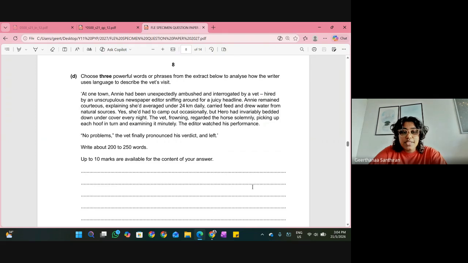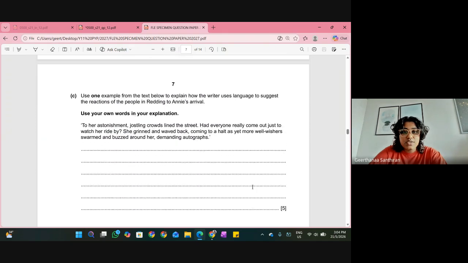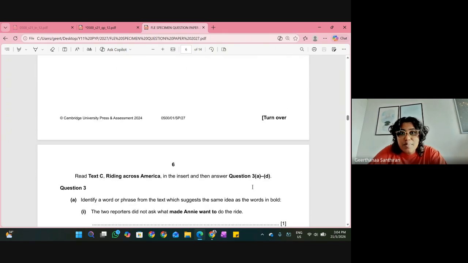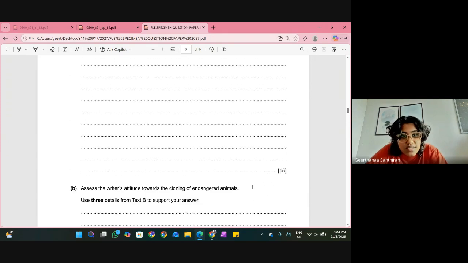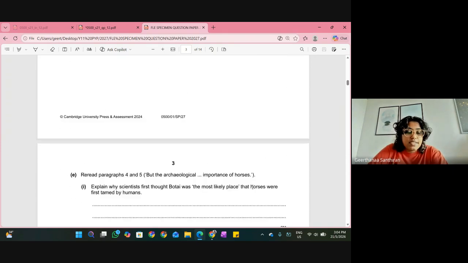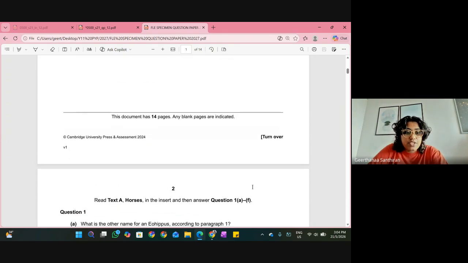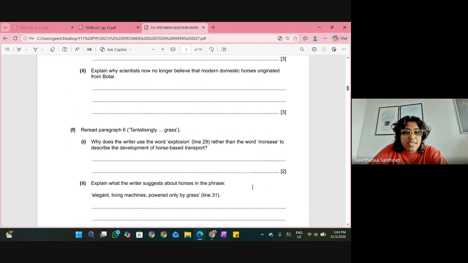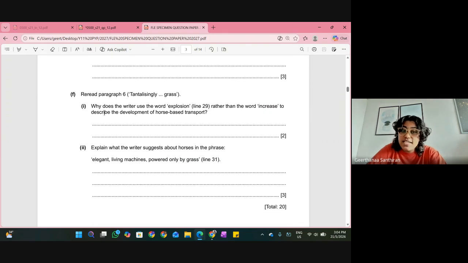And don't worry, the new questions in the 2027 paper are basically writer's effect questions. Like the reading comprehension part, question one, they've added F here. Why does the writer use the word explosion? What does the writer suggest about horses in the phrase? These are basically writer's effect questions.